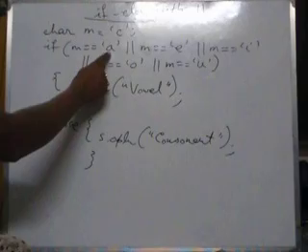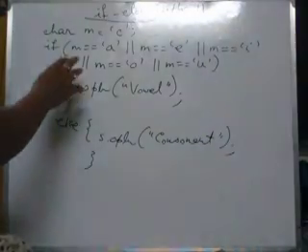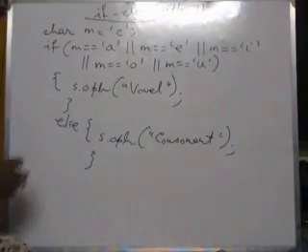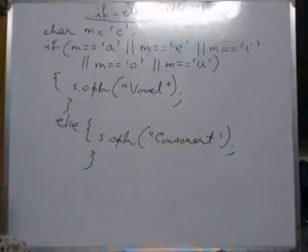Now here I have considered all the small alphabets A, E, I, O, U. It can happen that capital letters are also there, A, E, I, O, U. So within this only, by putting the OR operators, we can insert all those other conditions.